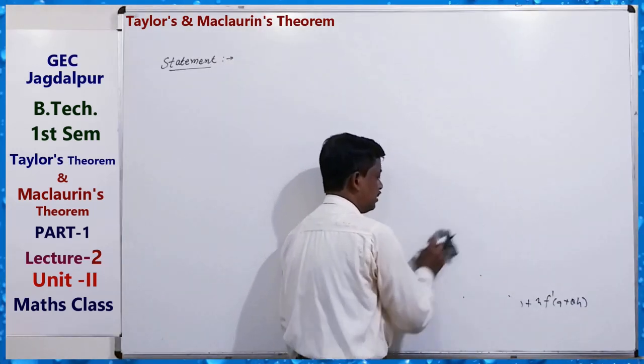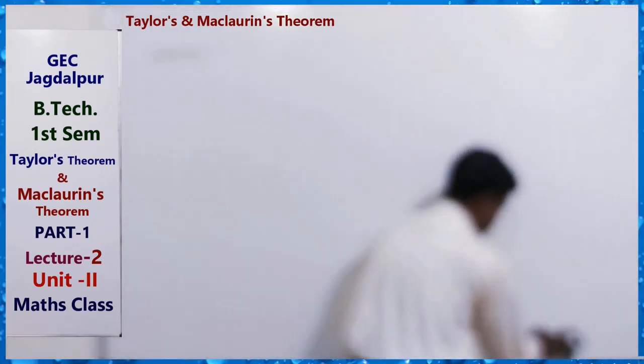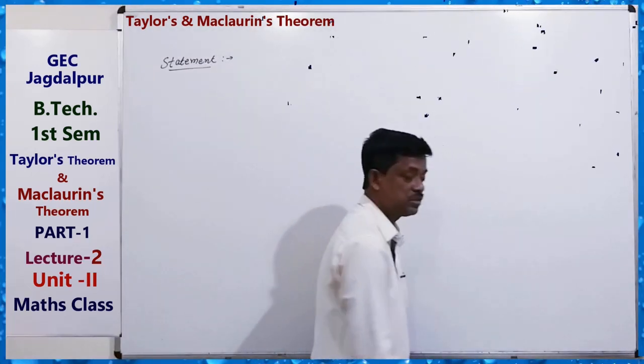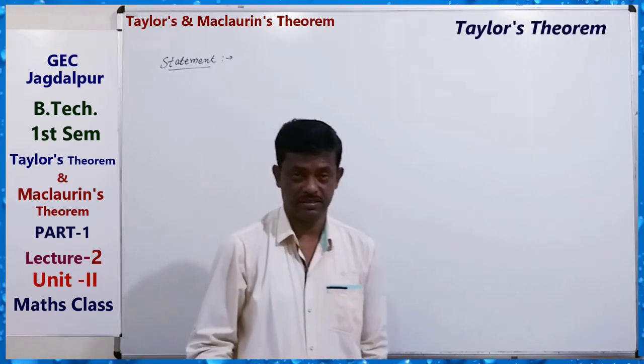In Taylor's theorem, suppose the nth derivative exists.